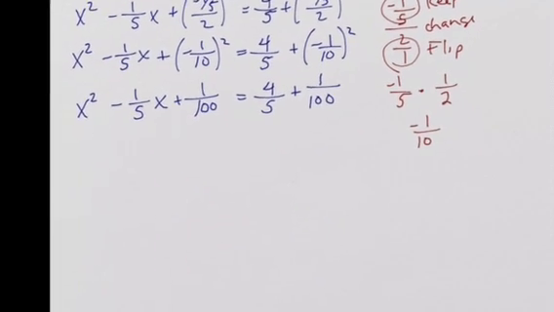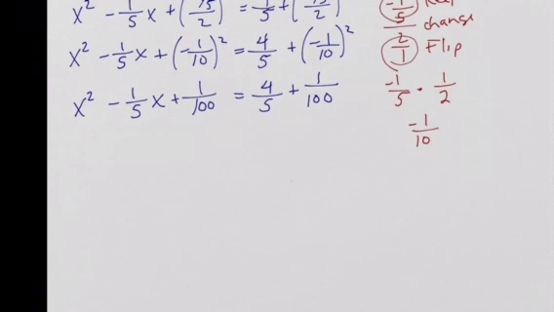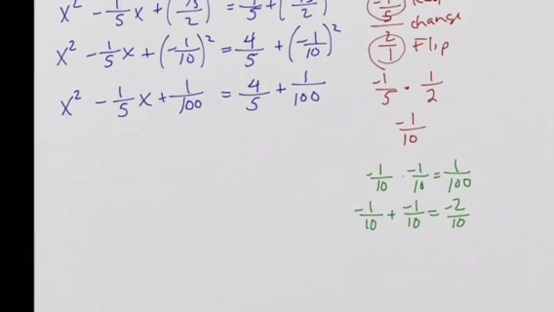So if we look back at this just to prove it to you, if I were to take negative 1/10 and multiply it times itself, I would get a positive 1/100th. That's what we had to multiply to get. Then if I were to take negative 1/10 and add it to itself, I would get negative 2/10, which is negative 1/5.